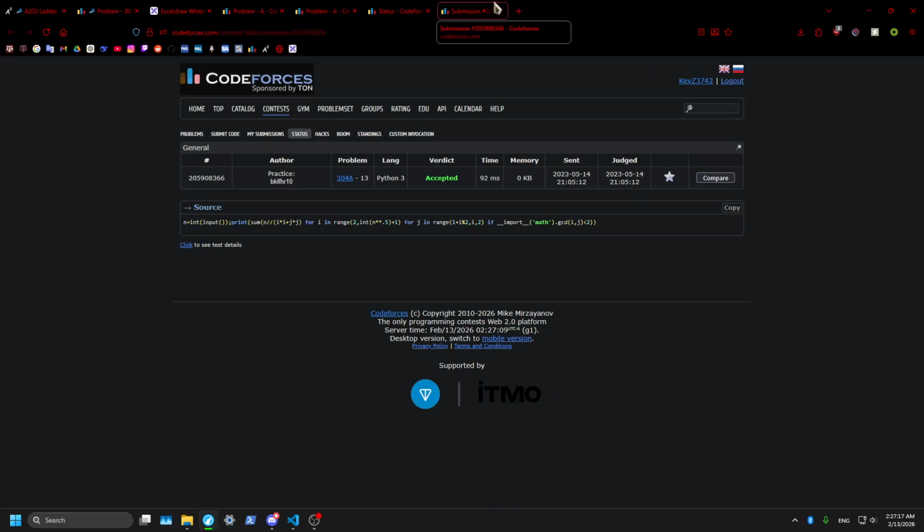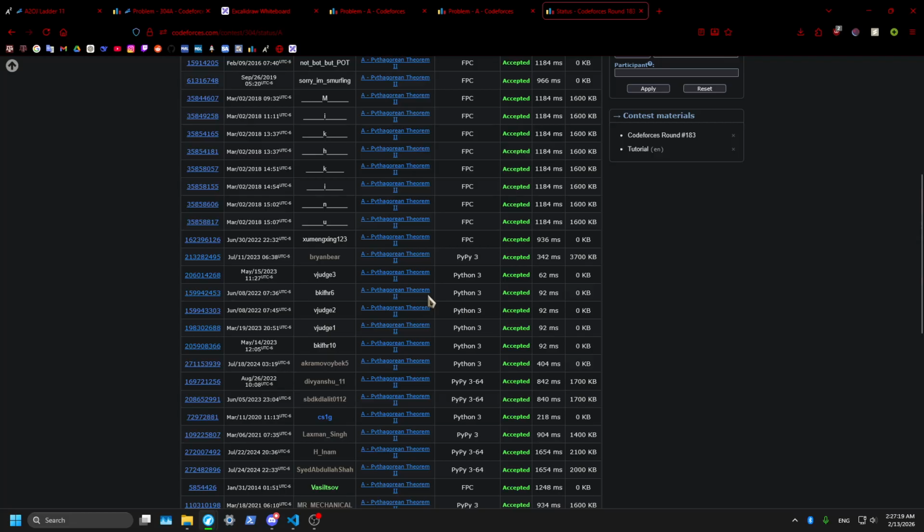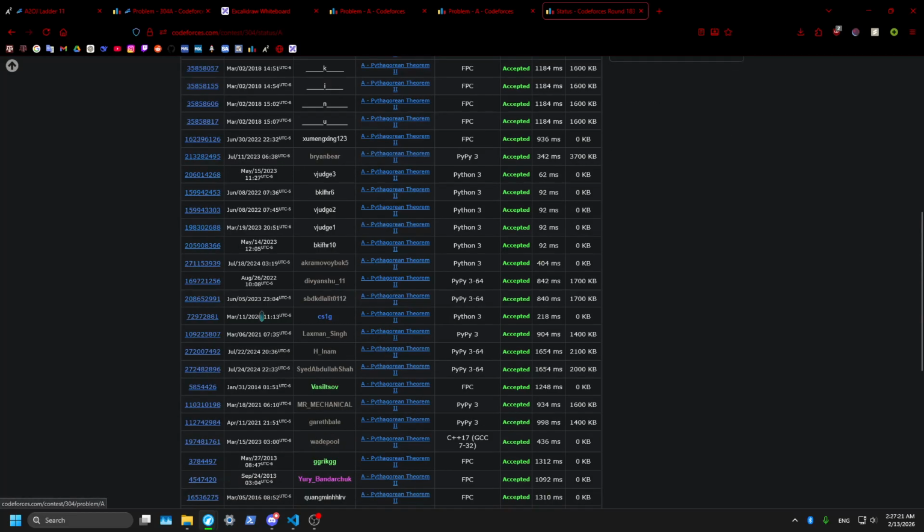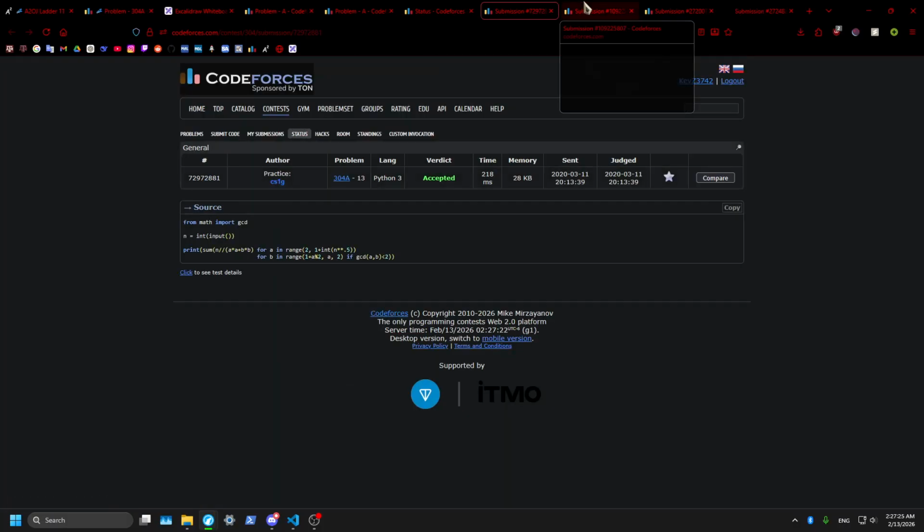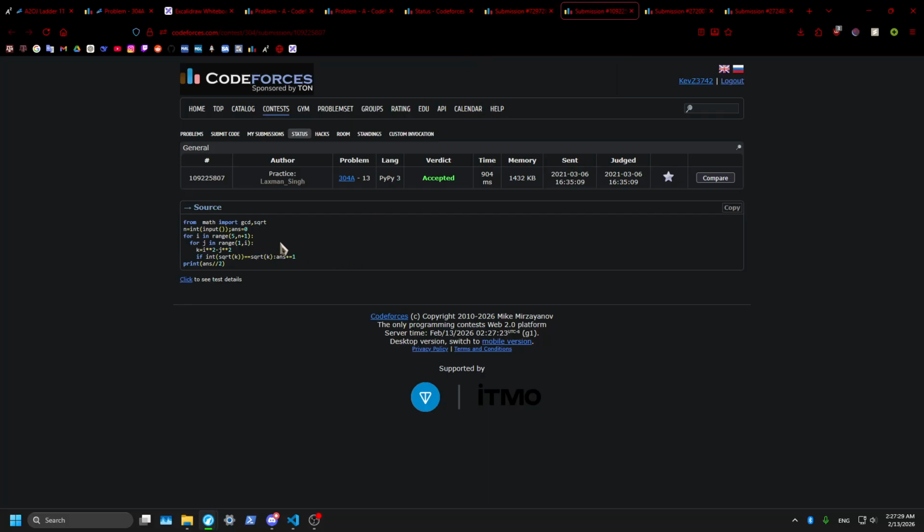Why are all these guys so obsessed with one-liners? I want to actually be able to read the code. Okay. Import GCD. Sqrt. For i in range 5?